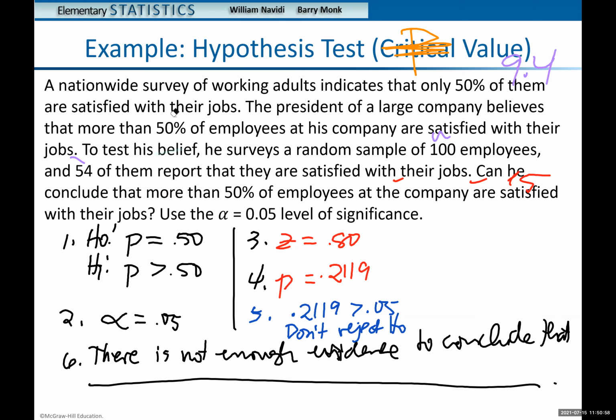Yes. So mostly you can get that from the question. Here: more than 50% of the employees are satisfied with their jobs.